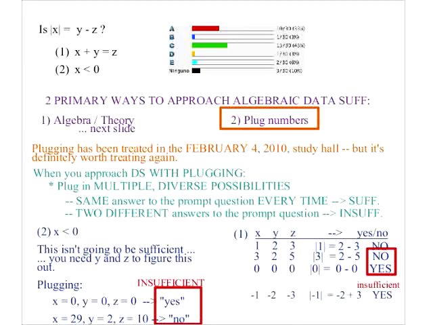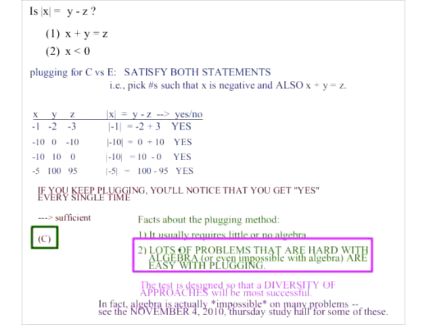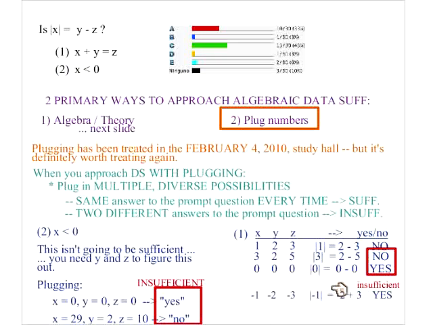Dealing with statement 1 by itself algebraically is not easy, dividing it into these two statements and all that. Yes, you should know how to do this, but notice this is a royal pain. Versus this handling of statement 1, which is very, very easy. You just pick a couple sets of numbers and throw them in there and, oh, look, insufficient.